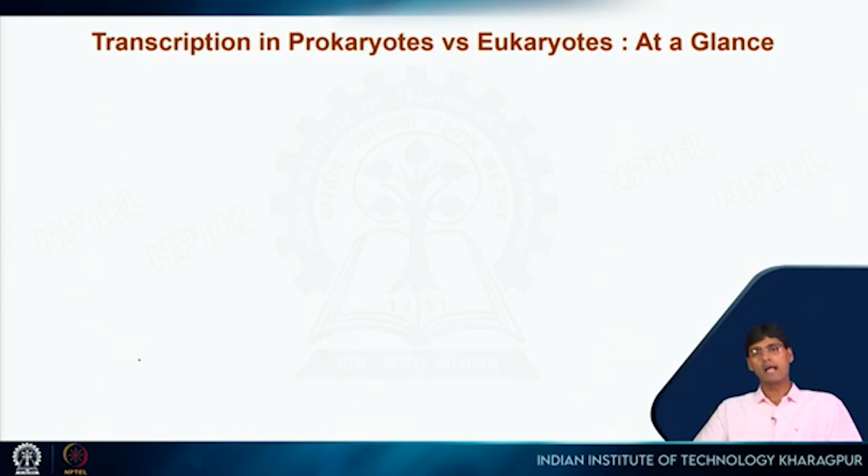removing the introns from the mature mRNA. And I should also mention the location of this transcription. In case of prokaryote, as we know, we don't have the nucleus. So there we have just one compartment, and as a result of that, transcription is happening there, right? But in case of eukaryotes, in case of human cells, we have the nucleus, and all of us know that DNA is present inside the nucleus.